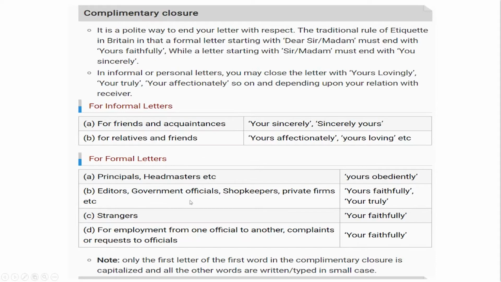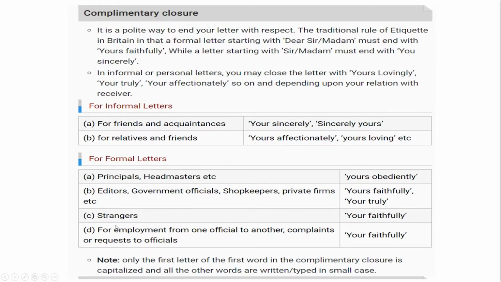Okay. Editors, government officials, shopkeepers, private firms. It is not used in your HSC level, but you have to know it for marks, not for practical reasons. Some students may write to the editors about the problems of your locality. You have to write then Yours faithfully or Yours truly in the concluding line.